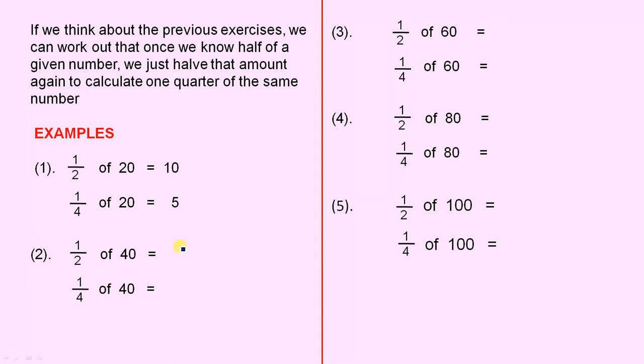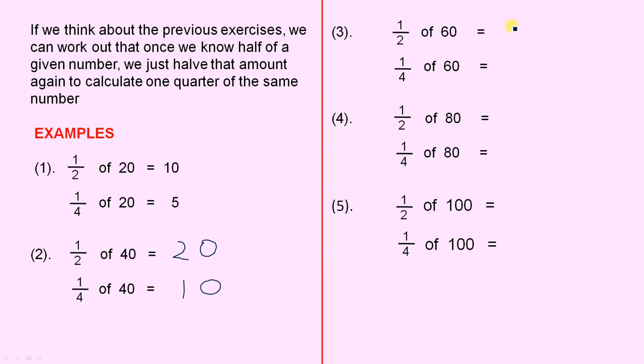Let's look at the next example. What is half of 40? We know for a fact that half of 40 is 20. What is 1/4 of 40? Just halve this amount. So half of 20 is 10, and that gives us 1/4 of 40. That is the answer there.